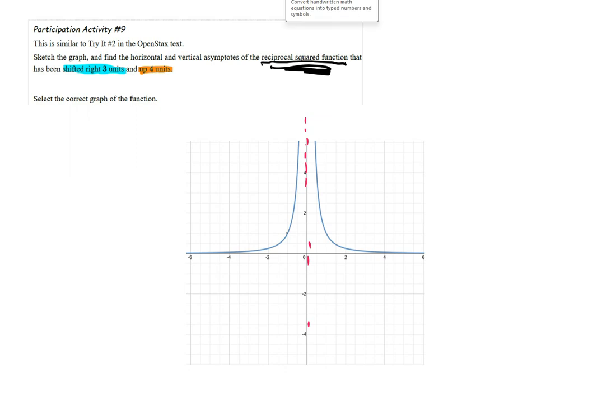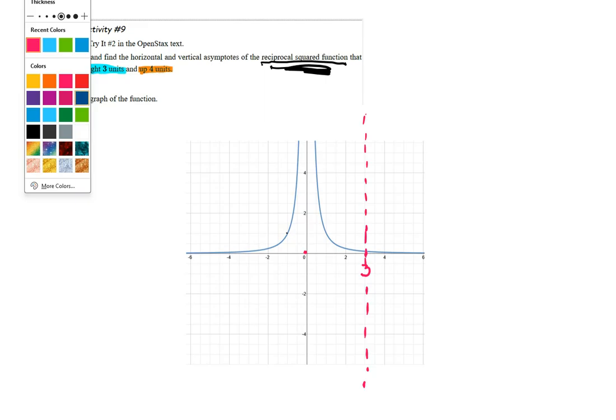And if you shift the whole graph to the right, that vertical asymptote, which right now is going through the x-axis at 0, will now go through the x-axis at 3. So this whole thing is going to shift, and I'll put the graph in dark blue.